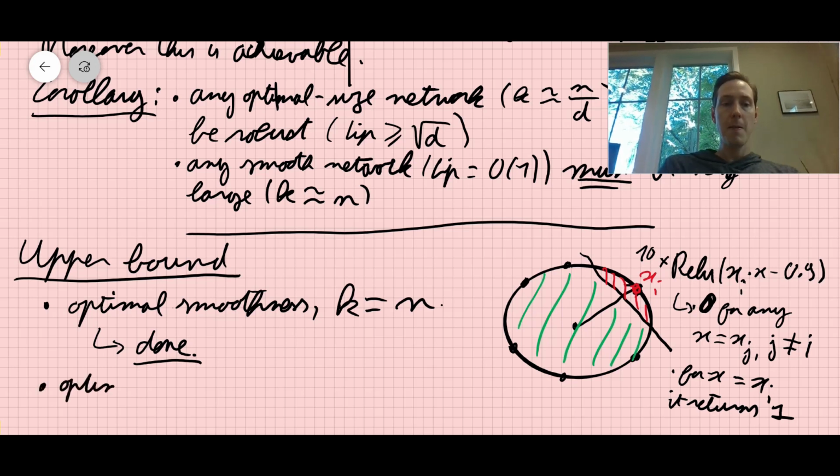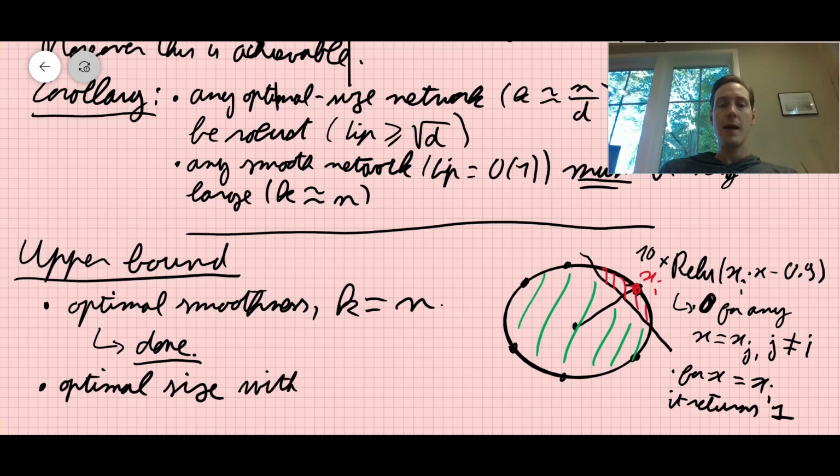Optimal size. So the optimal size regime is a little bit harder. And for this part of the talk, I'm just going to assume that optimal size with n of order d. Okay, and I will make some comments about what happens when n is larger.